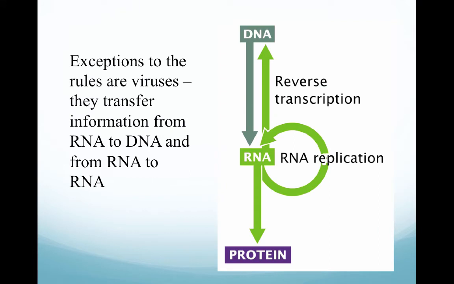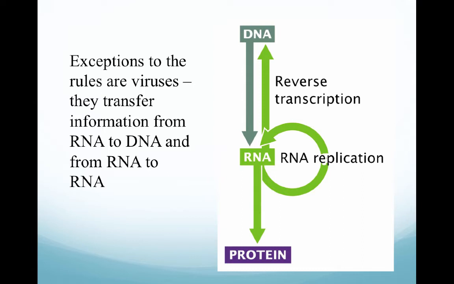All right, so we've talked a lot about DNA and why it's so stable and how it is the biochemical component that really allows protein to be expressed from a phenotypic standpoint, but realize that there are some exceptions to this rule, and one of the big ones is viruses.